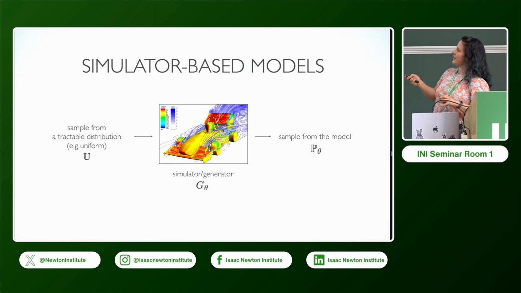The generator here could be, let's say, a system of differential equations, and getting an output requires running some type of approximation scheme over a sample from a uniform.